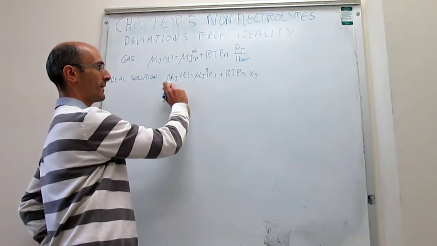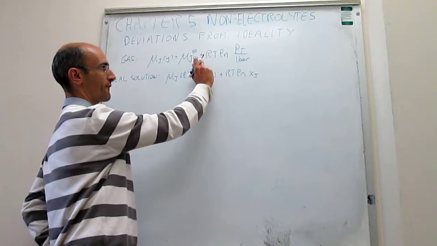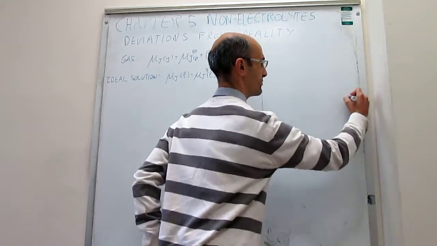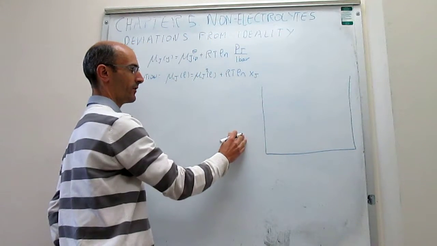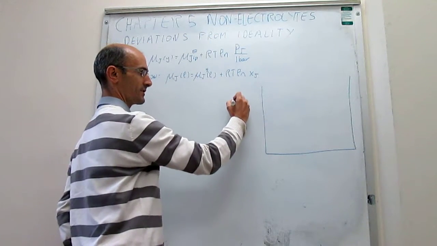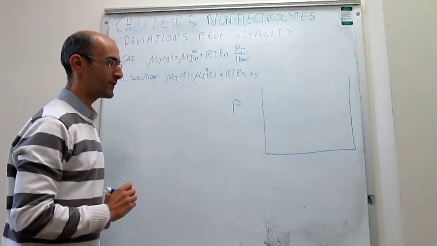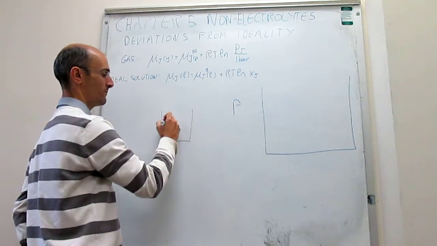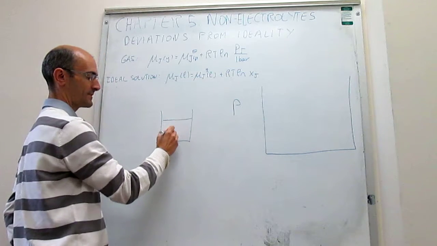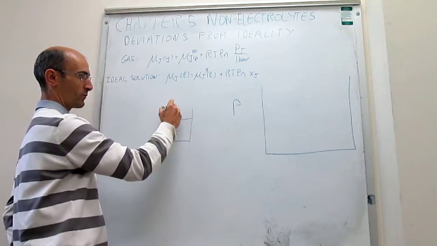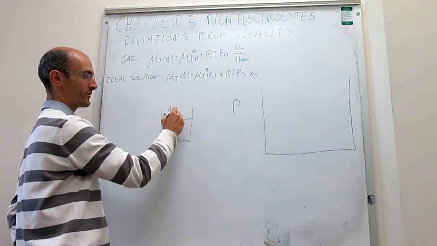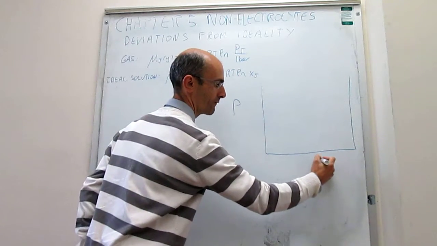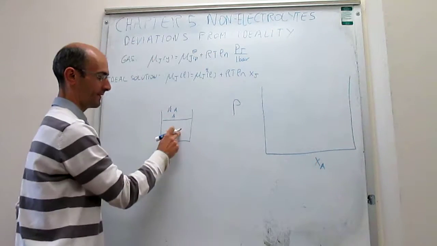Now, we were able to write this chemical potential from that of a gas using Raoult's law, which we're going to redraw right here. Raoult's law essentially tells you how the vapor pressure of a substance changes when you mix it with something else. So we have a substance A in solution, and what we're trying to measure is the vapor pressure of that substance on top of the solution as a function of the mole fraction of A in the liquid phase.